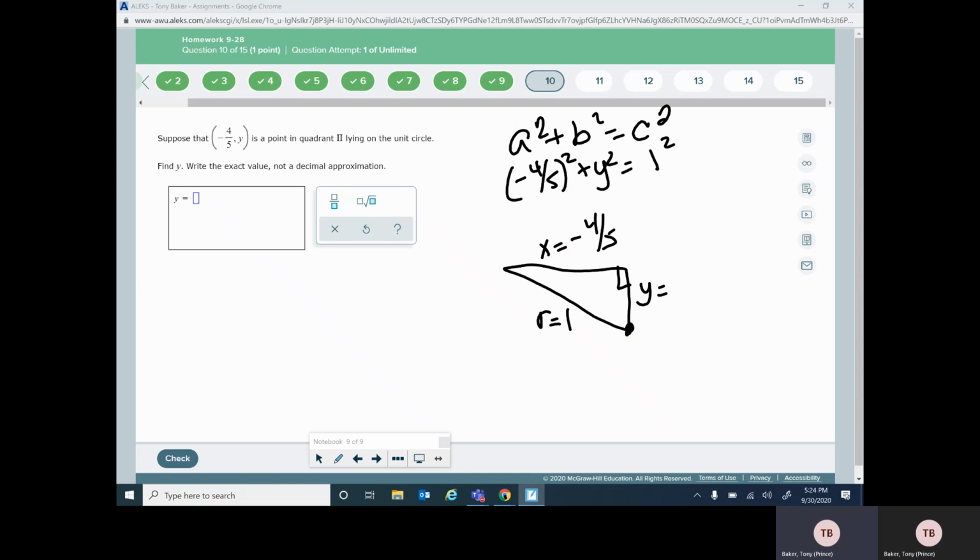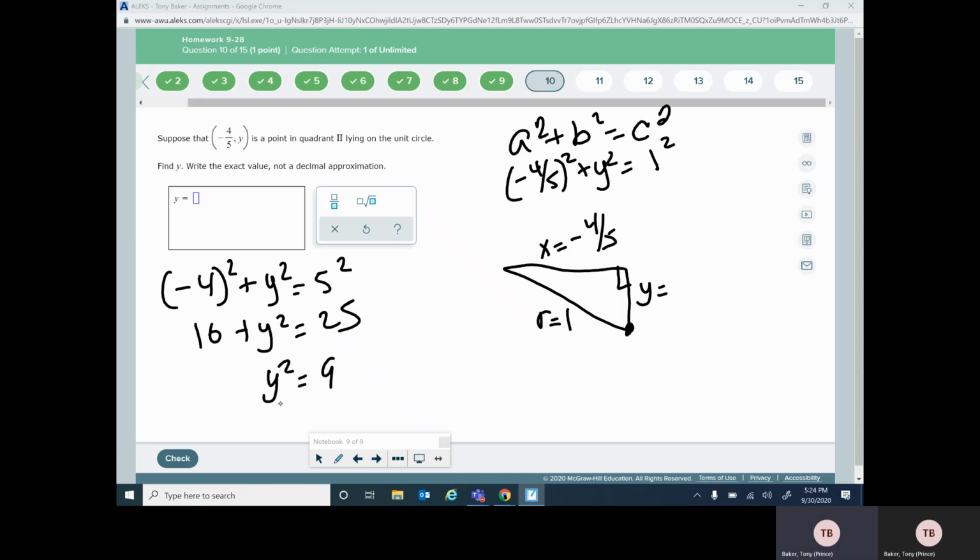Now, there is a nice little trick to this. If I took the bottom of my fraction, so in this case it's a 5, and I made that my radius over on the other side, I don't have to worry about doing fractions. So I'm going to do -4 squared plus y squared equals 5 squared. So 16 plus y squared equals 25. Y squared equals 9.